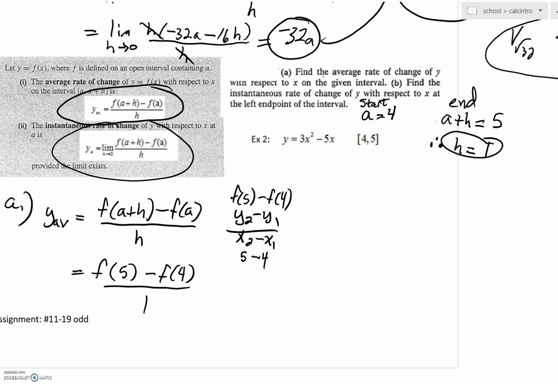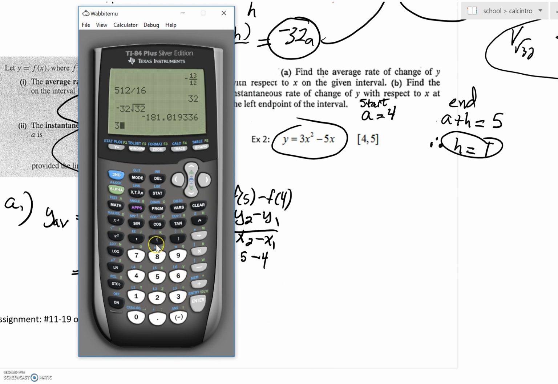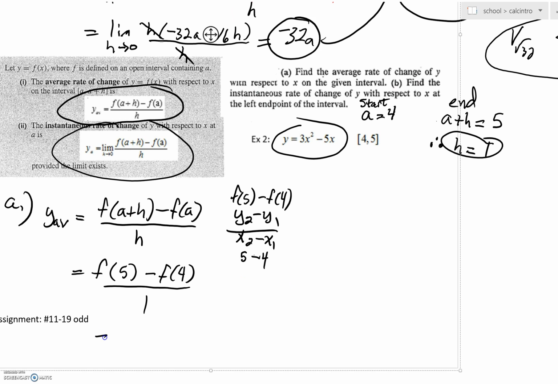Wow. So what is f of 5? Well, we're going to come right up in here. So f of 5 is, and by the way, you could get some help with the calculator if you'd like. You could say here's 3, and here's a 5, and we're going to square it. And we'd say minus 5 times 5. Of course, we can get that help. And you can say that's 50. So there's your 50. Minus, well, what's f of 4?